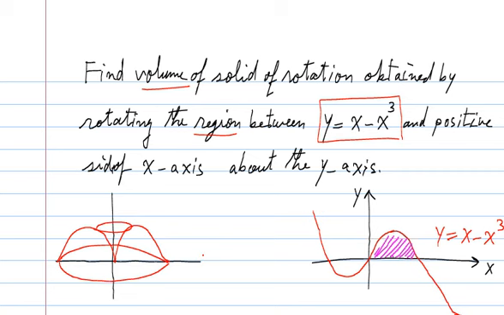Well, if you want to go by the method of disks, you need to do the following. If you want to cut this thing by disks against the y-axis, you need to be able to figure out the inner radius and outer radius of each of these disks. Let me draw one of these disks. We need to figure out where this point is and where that point is.